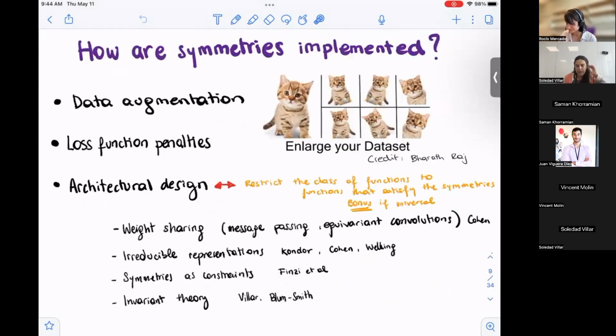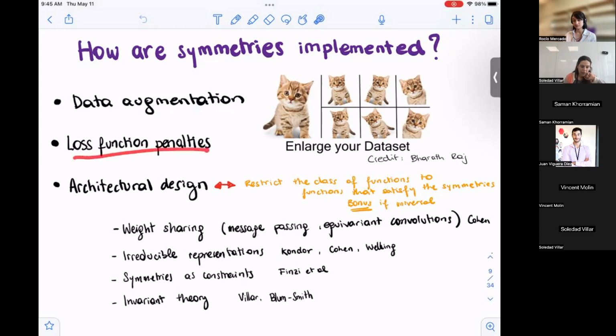So we said before that we want to do machine learning in a class of functions that are invariant or equivariant with respect to some group action. So how do people do that in practice? The most common way to do it is through data augmentation. So you transform your data set and add more training points by applying the group action to your input data, and include that.